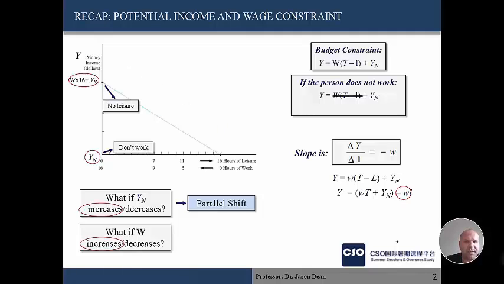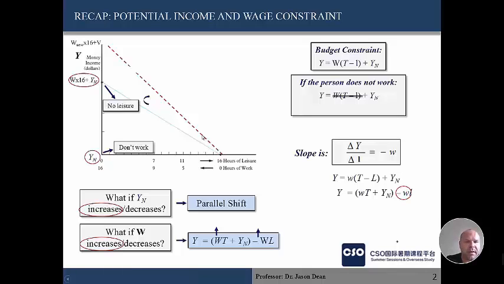That's going to be depicted by a rotation outward of the budget line. For example, here we see that because of this wage increase, there's more income that can be made for every hour of work. Okay, so that's our potential income and wage constraint. The steeper this is, the higher the wage.